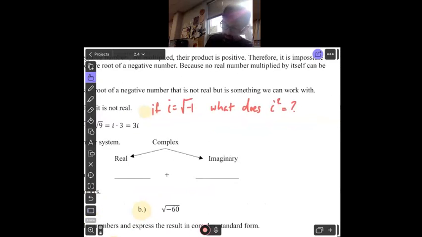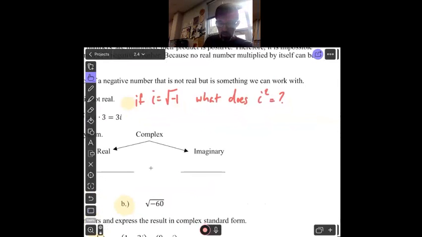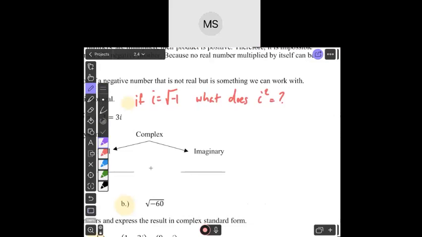And so what I ask you guys is, well, if i is equal to the square root of -1, then what is i squared equal to? So why is it -1, Maddie? Because you multiply one, -1, and -1 together.